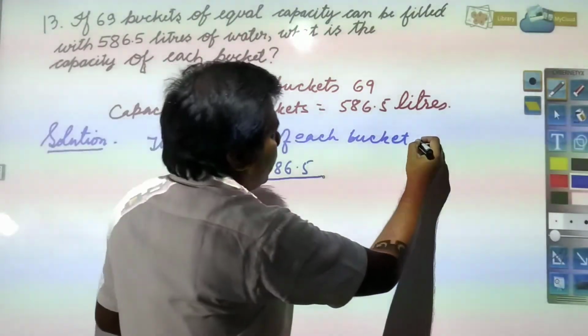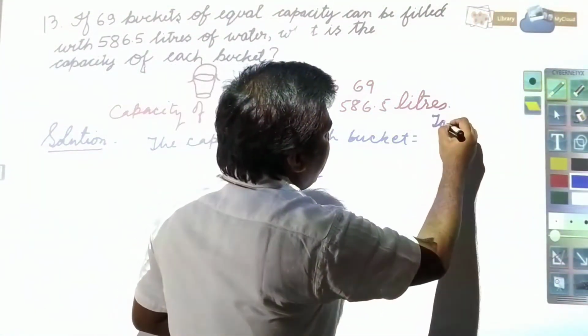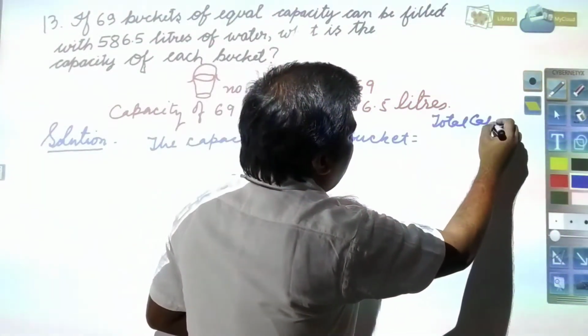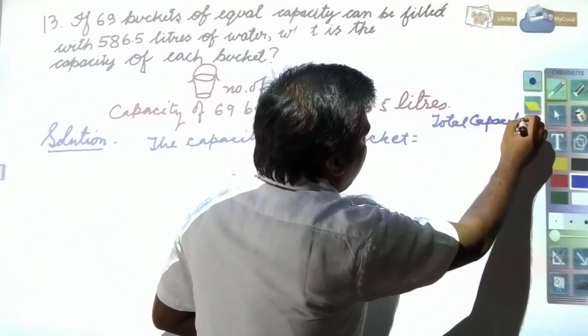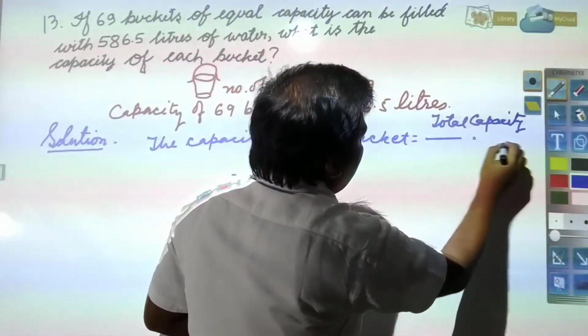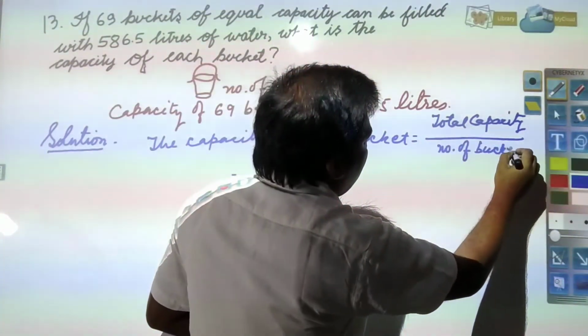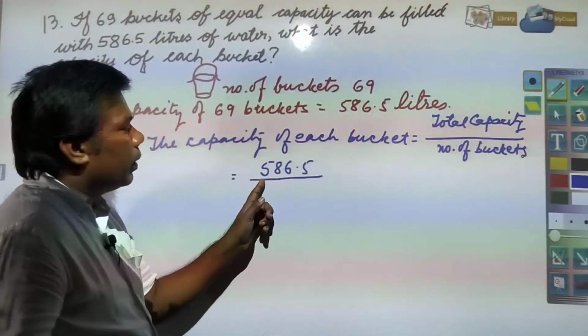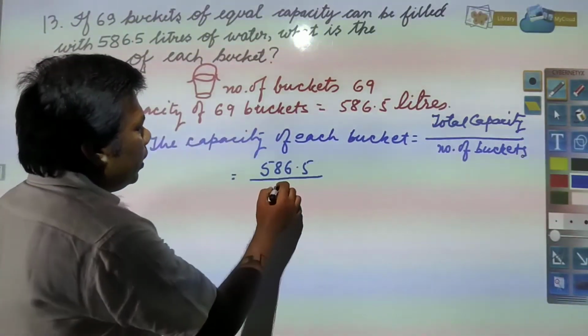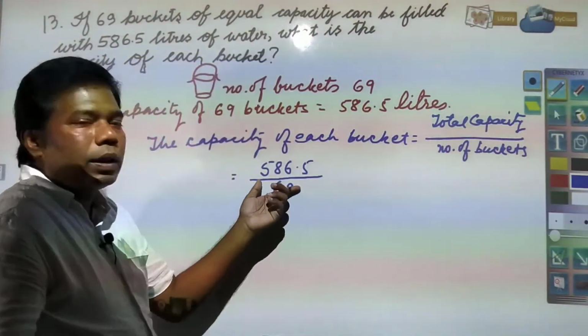Here you can also write: total capacity of 69 buckets divided by number of buckets. So 586.5 divided by 69. This is required to be divided.